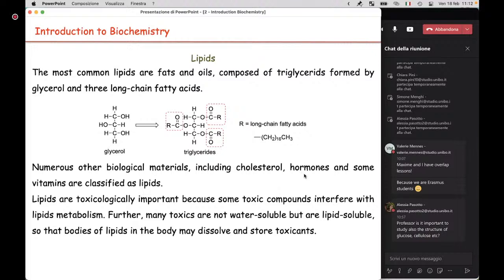Some hormones and some vitamins have this kind of structure, and all of them, just like all lipids, the definition, let's say, of lipid is that they have to be very hydrophobic, or lipophilic. Lipophilic means similar to lipids. So this is the definition.